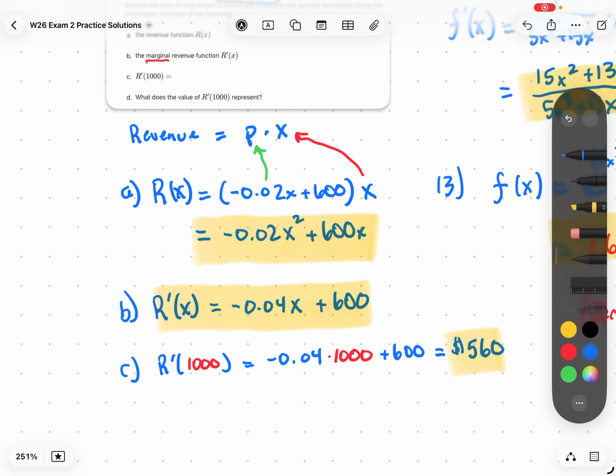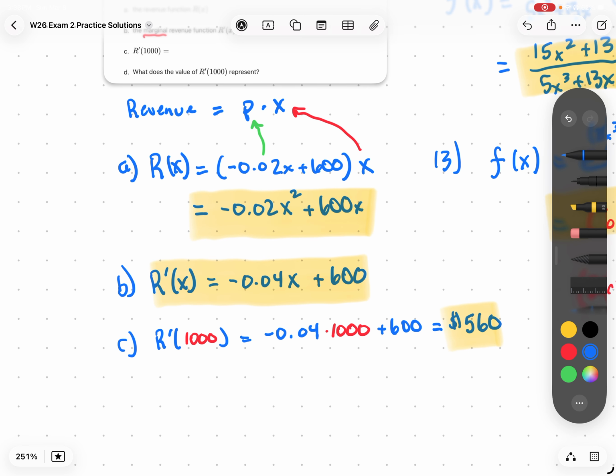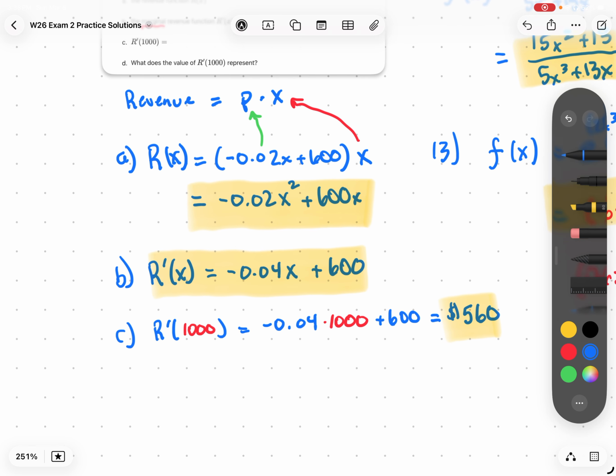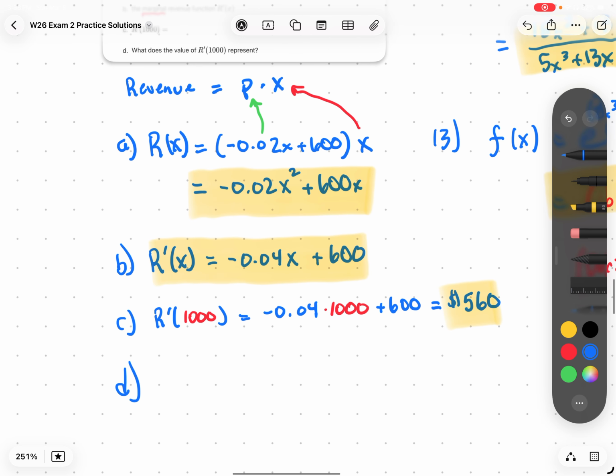Now, here's the thing that I want to take a little extra time to explain, because it may not have been clear from the reading and the practice problems that you did. Once I've found this value of $560, I need to know what it means. These marginal revenue functions actually tell us the price. It could be a cost, like the cost of a thing, or in this case, the revenue. But they tell us the price for the next item if you produce and sell it.